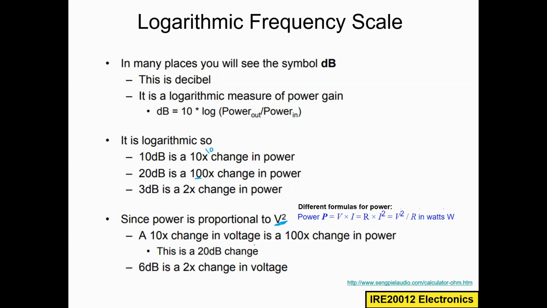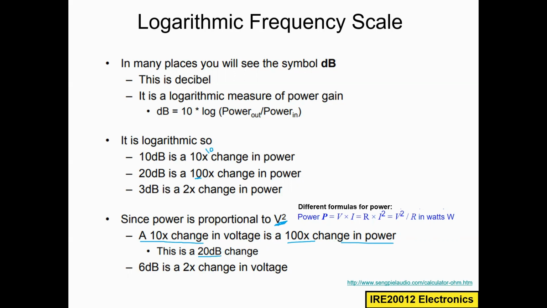A 10 times change in voltage is a 100 times change in power. Just remember, if there is only a 10 times change in voltage, the output power will change 100 times. That is why we use this formula to calculate the magnitude.